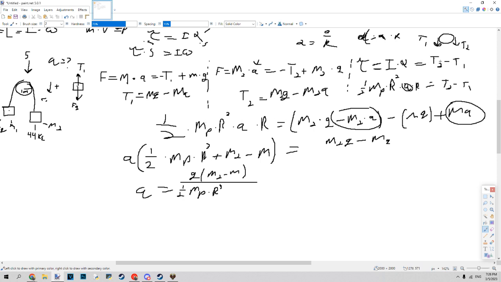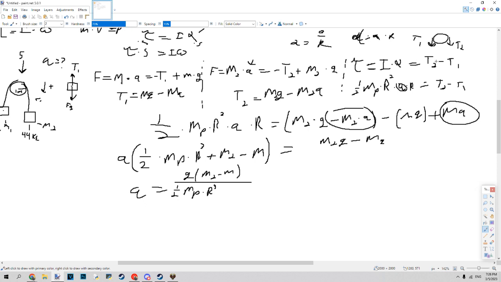oh boy, I will go back to the start here, I am so sorry. Torque is equal to not just forces, but forces times the radius, so all this times the radius again and again. Which means that this is actually radius again here and radius again here, and this m2a, which we added over here, would also have a radius, and this m1a, which we subtracted over here, would also have a radius.